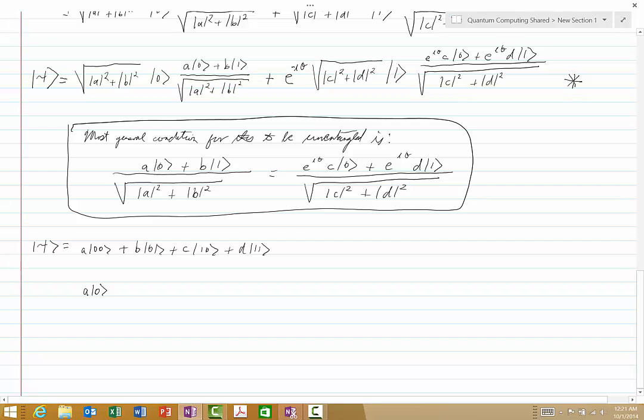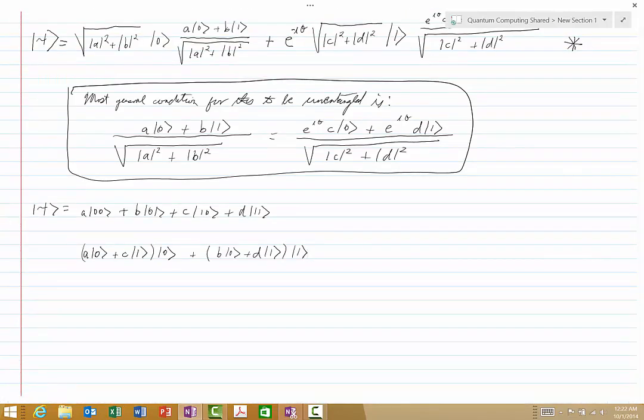A0 plus C1 0 plus B0 plus D1 1. So you can see here I have grouped the terms according to what the second qubit is rather than according to what the first qubit is.